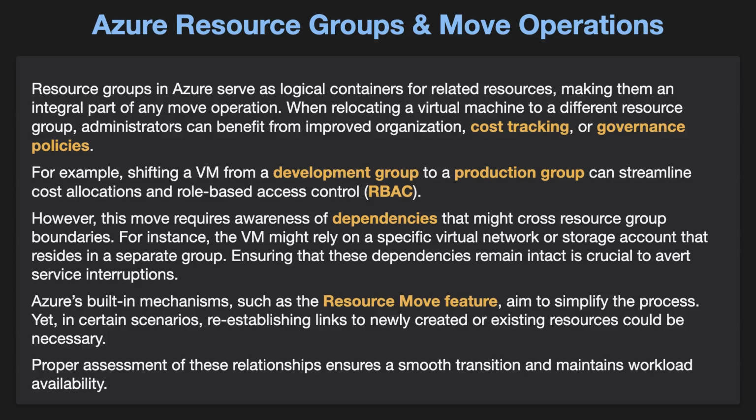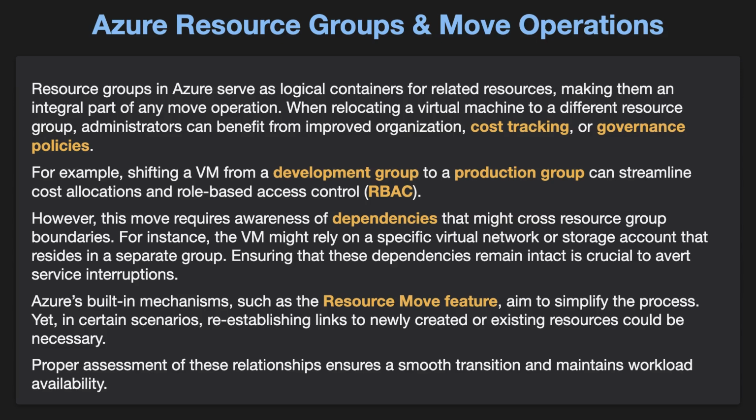Resource groups in Azure serve as logical containers for related resources, making them an integral part of any move operation. When relocating a virtual machine to a different resource group, administrators can benefit from improved organization, cost tracking, or governance policies. For example, shifting a VM from a development group to a production group can streamline cost allocations and role-based access control, RBAC.